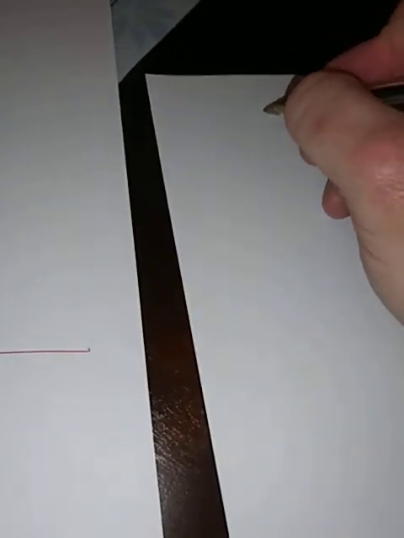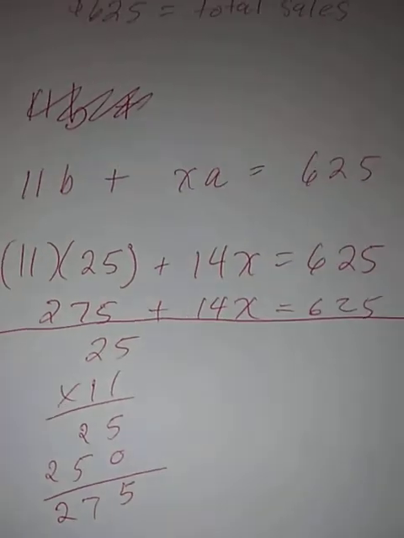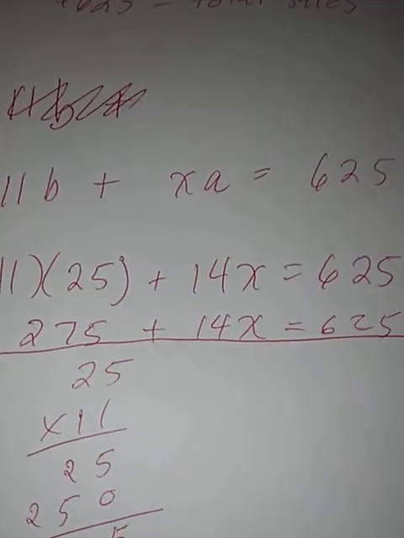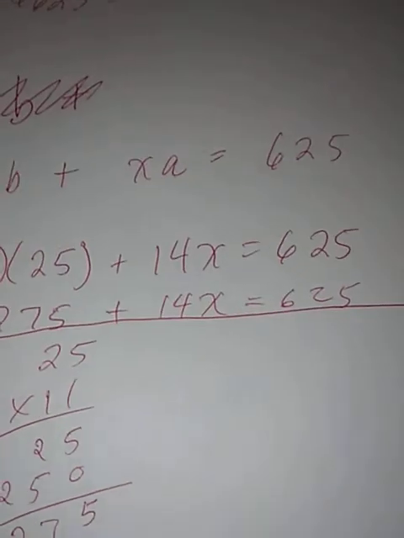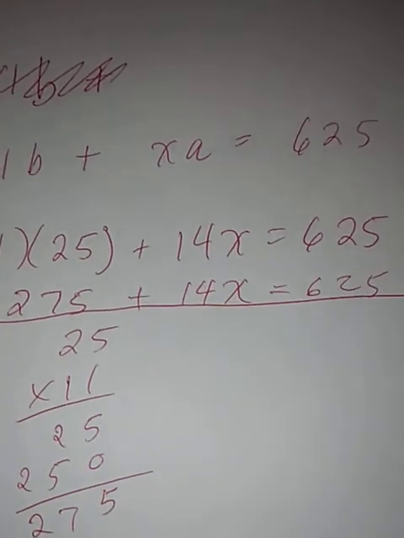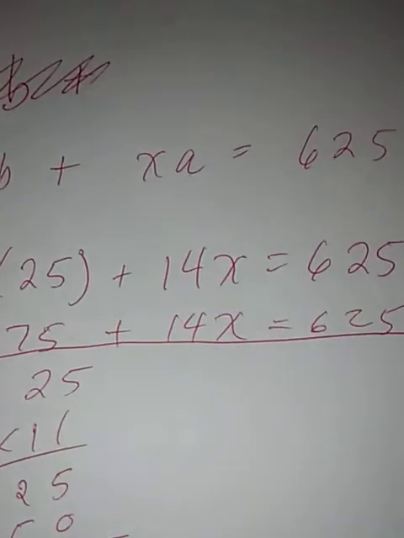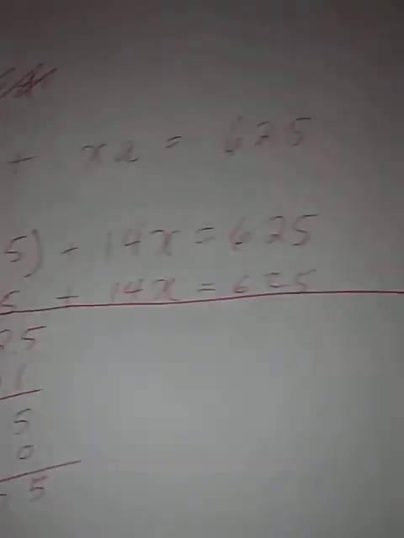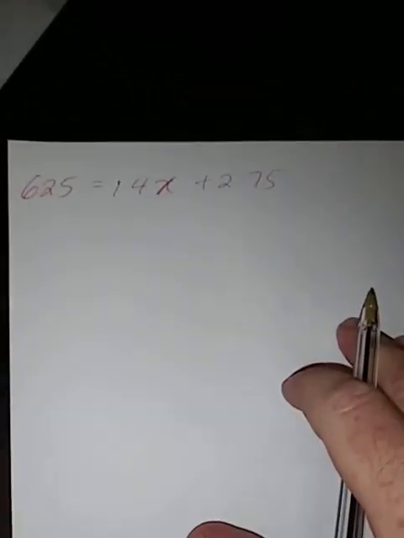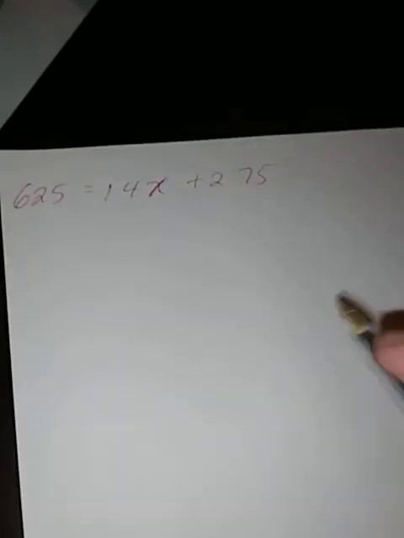So I'm just going to rewrite it as 14x. Right, this is the problem we have. I'm going to write it in slope-intercept form. Plus 275 equals 625. Okay. So first thing we're going to do is subtract this 275.